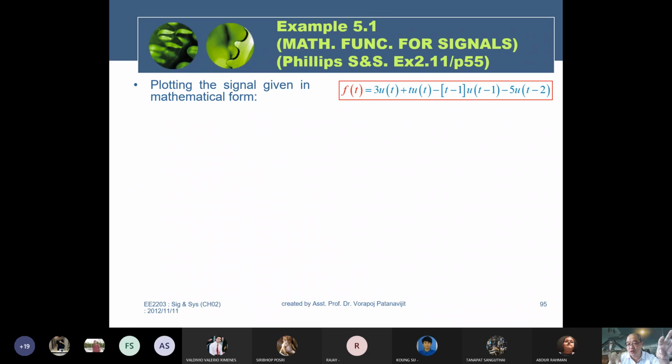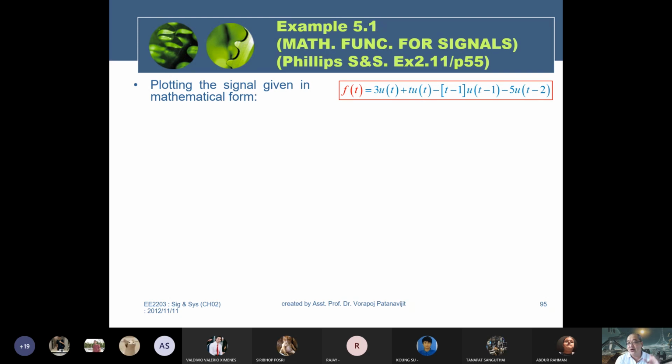You have the equation, you get the graph. You have the graph, you write the equation. From the mathematical analysis point of view, if you have the equation, getting the graph is easier. If you have the graph and want to extract the equation, it's a little bit more complicated. Therefore, in this section, we separate them into two steps.